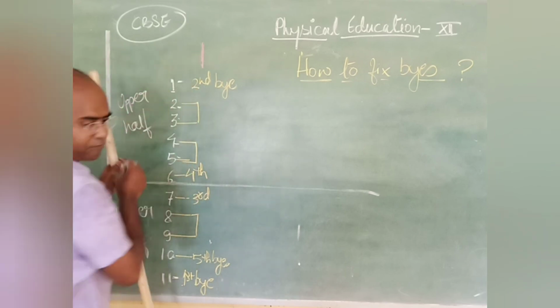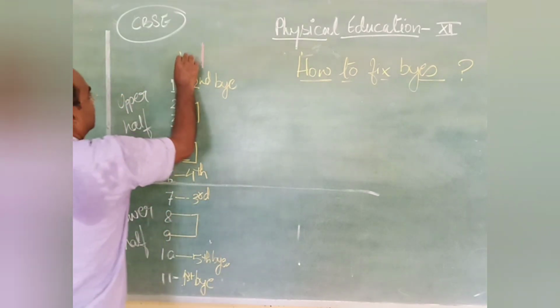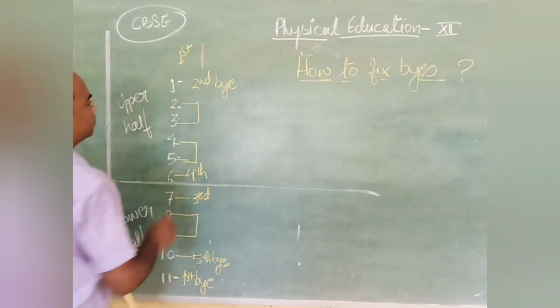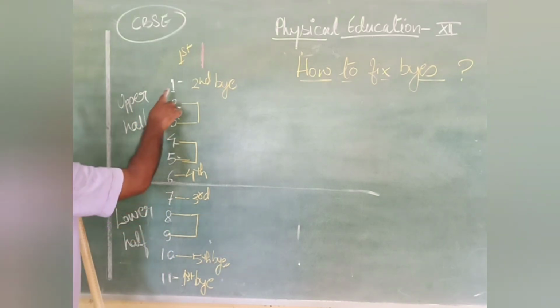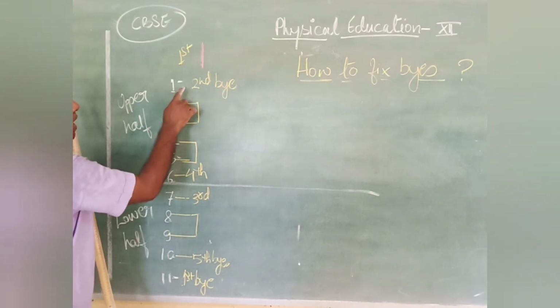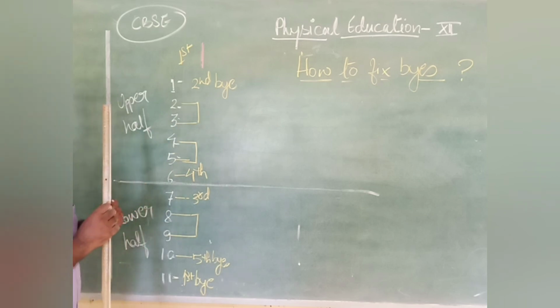This is first round. Second round, because number 1 team got the bye, so number 1 team is playing directly match with the winner of 2 and 3.